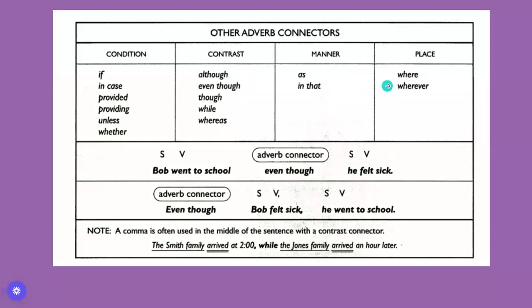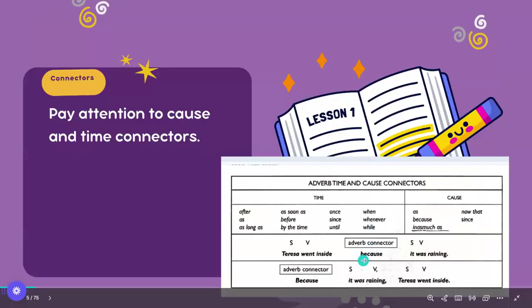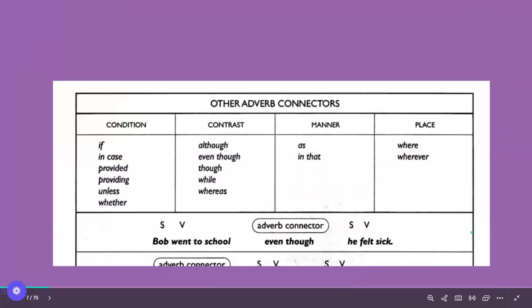And we will typically have this structure. I have one clause, my connector, and the other clause. Very similar to this one, right? Clause, connector, clause. Or connector, clause, comma, clause.